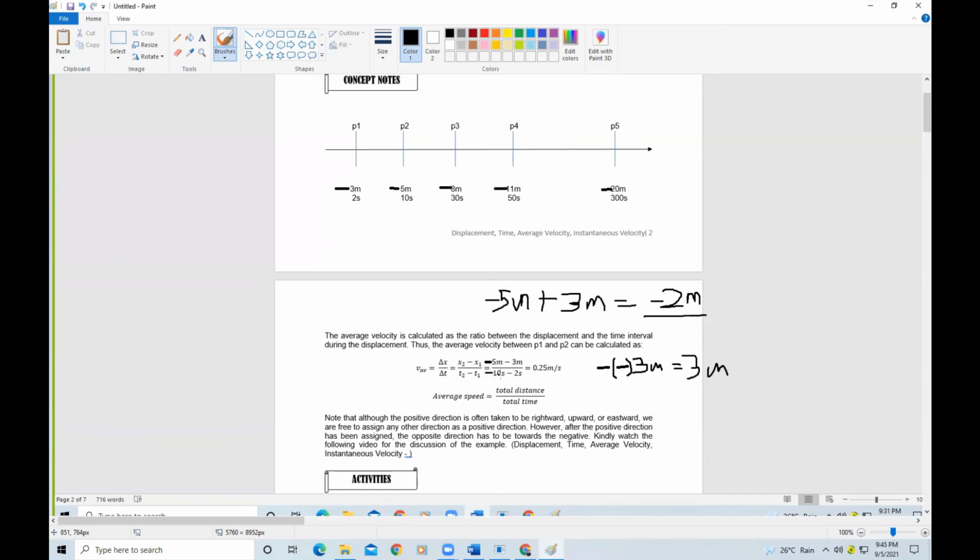Instead of positive 10 seconds, it becomes negative.